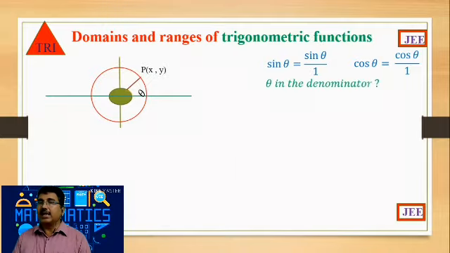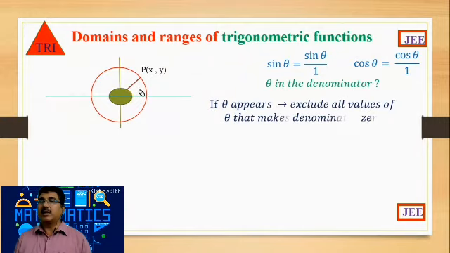If theta appears in the denominator, exclude all values of theta that make the denominator 0. Now, OP can revolve about the origin infinite number of times. If the rotation is in anti-clockwise direction, then the angle can be taken as positive.